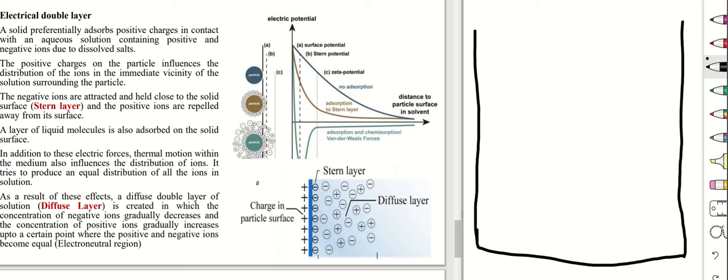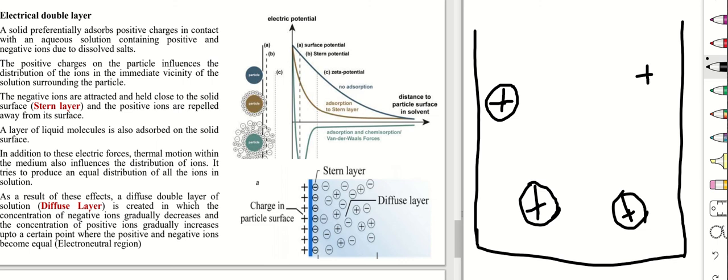Suppose this is a beaker having a particle which is positively charged. Now this is a suspension having positively charged finely divided drug particles suspended in a dispersion medium.